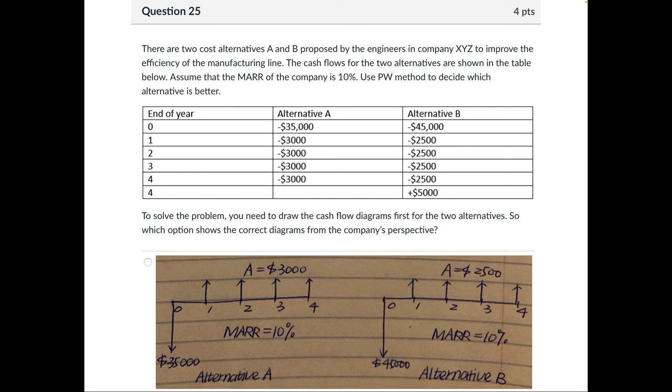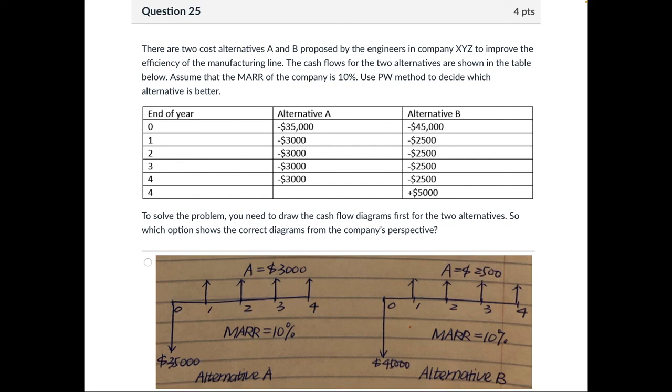Okay, and so the cash flow is given in the table, and then the first thing is you need to translate that into a cash flow diagram. So the alternative A, at the beginning, which means the time 0, you're gonna spend 35,000, okay, because it's negative.